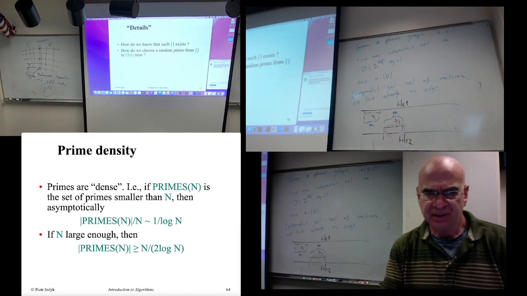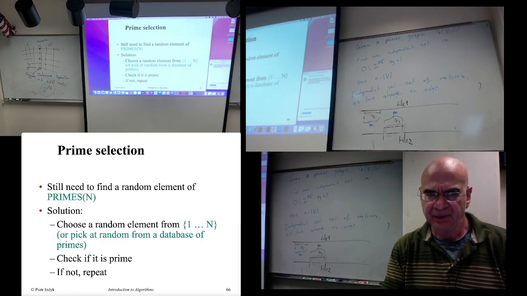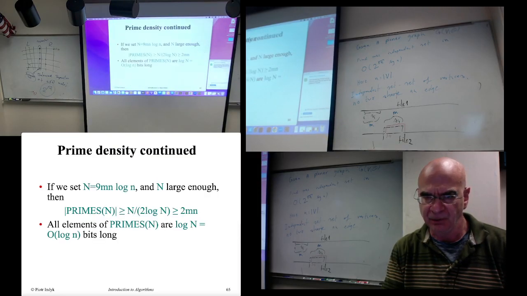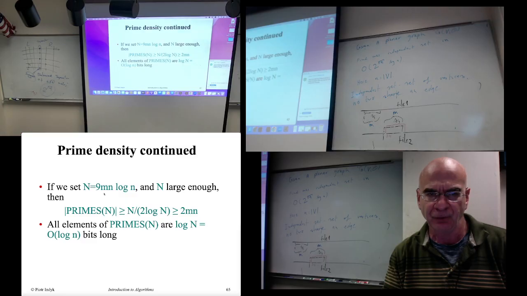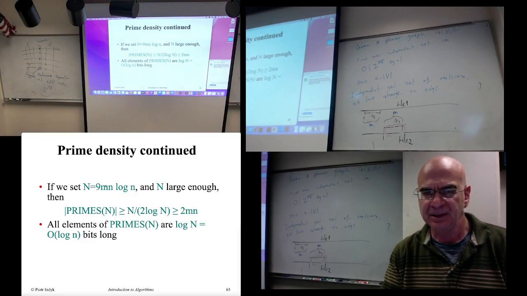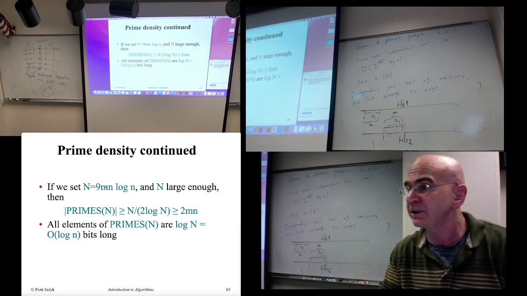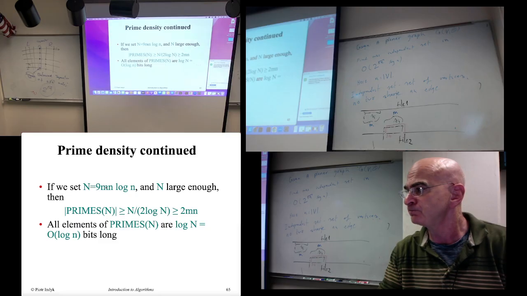And people nailed that very well: altogether you want to generate a set of 9 times M times, now instead of the N over here, you'll write N squared, primes.